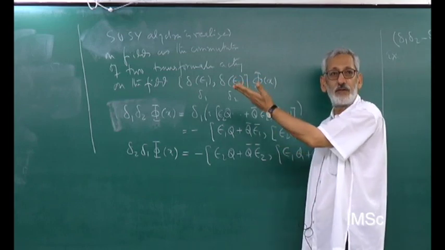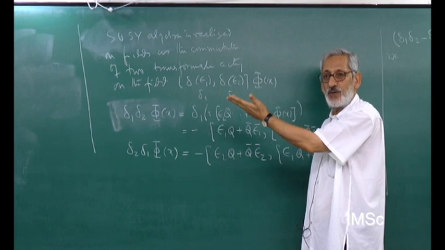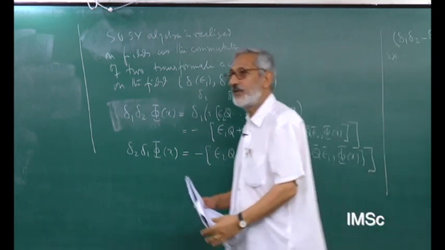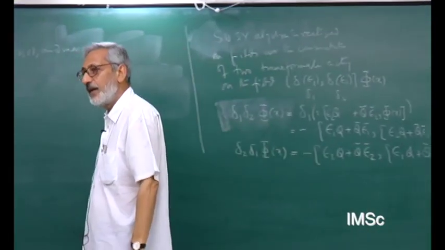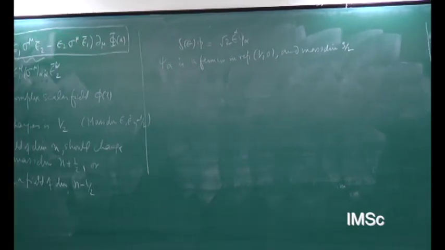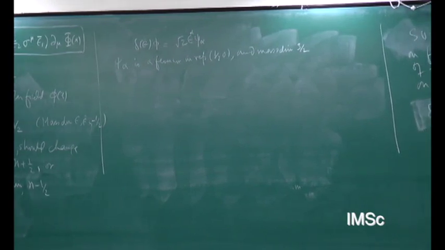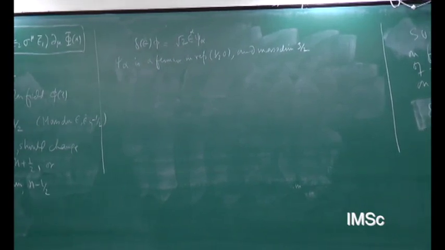Otherwise, we should have put a corresponding 0, half representation also, which means we are trying to construct a multiplet where the complex scalar field transforms only under unbarred supersymmetric generators, but not under barred supersymmetric generators.